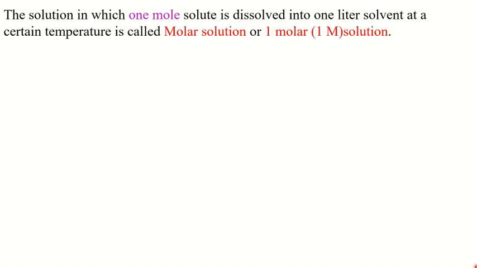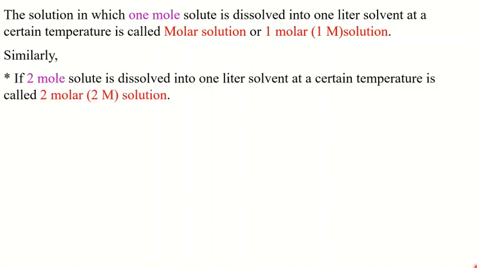The solution in which 1 mole of solute is dissolved in 1 liter of solvent at a certain temperature is called a molar solution or 1 molar solution. That means the molarity of the solution is 1.